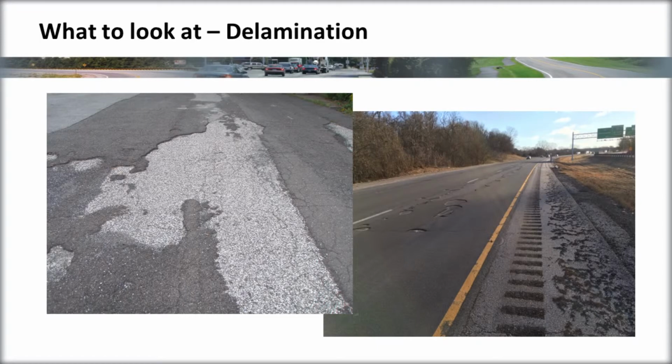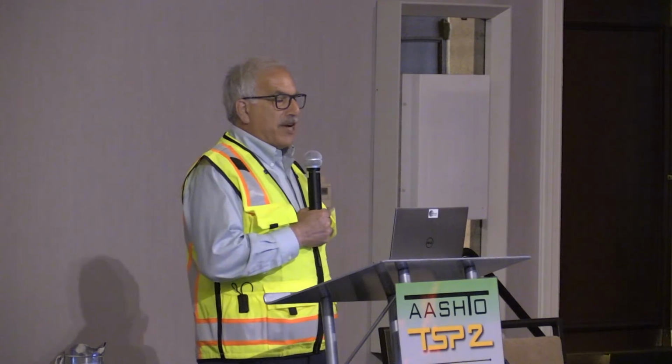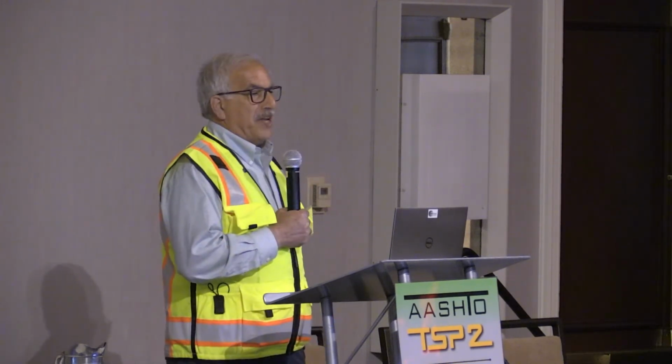What to look at? These are some things that you might see with the application of a thin surfacing that are not indications that you can't place another one, but maybe indications that you need to take some steps to address that treatment before you place the next treatment.